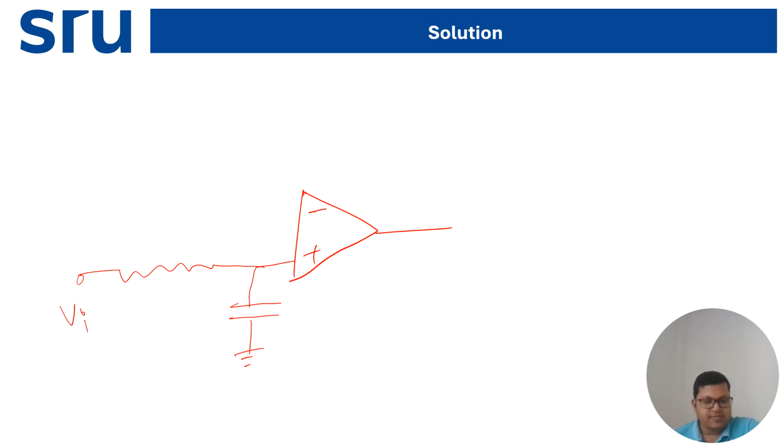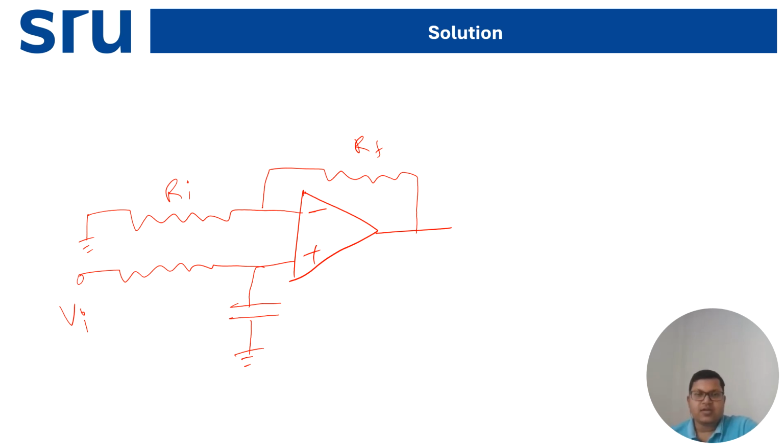Here it will be connected this way, and this will be grounded as well. This resistor we call Ri and this one Rf. These two resistors are for the voltage gain.